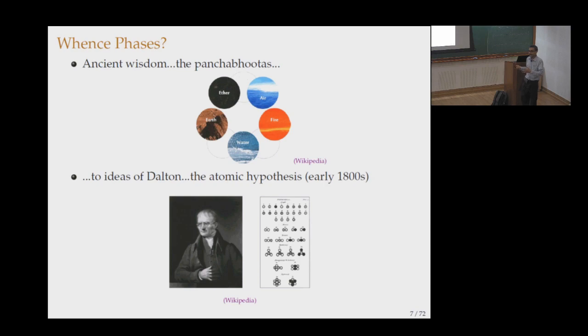And he pointed out that if you make this hypothesis, you can understand many compounds and so on. And he actually made pictures of them, way ahead of his time. And my understanding, based on very minimal reading of history, is that the so-called physicists in those days actually didn't take this very seriously, right? And it was not until the 1850s or so that people started taking this seriously and trying to build theories out of this.